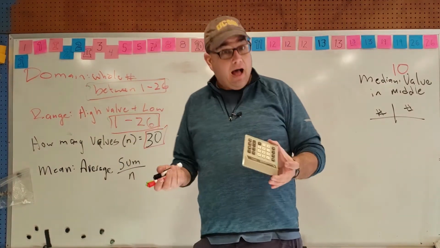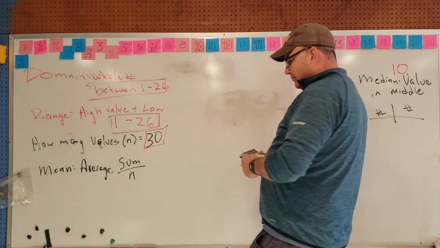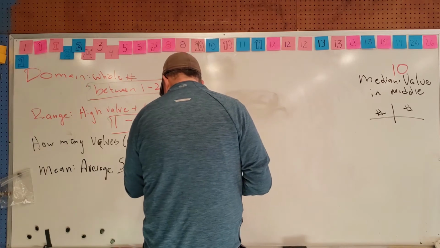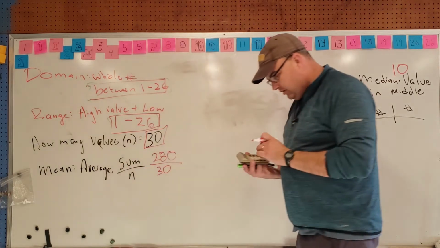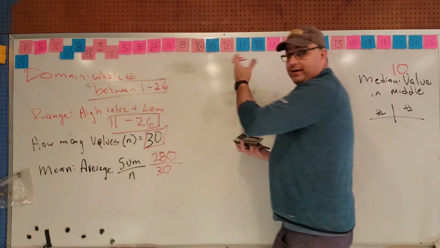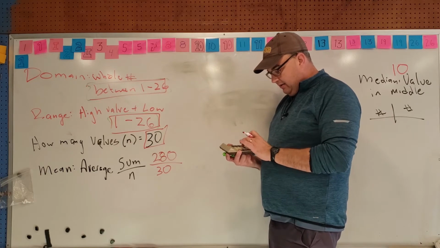The sum of all of these, if I total them all up, my sum comes to 280. And then I divide that by 30, because that is how many we have. We went through and we counted them. Divided by 30.